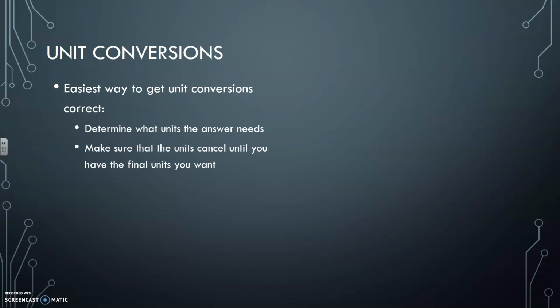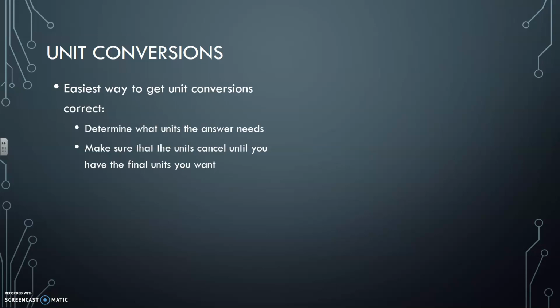So say you're doing inches to feet. If you're given inches, you have inches on top, that's what you're given, and then your unit conversion factor needs to line up so that you have inches on the bottom, because then it's inches divided by inches, and those cancel. And that would just leave you with whatever's on the top, which in this case would be feet.